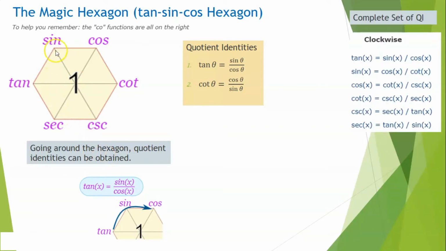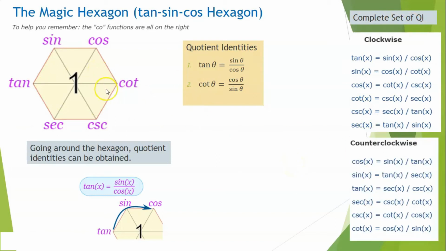Okay, so that's why we can have sine is also cosine divided by cotangent. Cosine is cotangent divided by cosecant, and so on. So these are the complete set of quotient identities. Going counterclockwise, you will get this. Okay, next.